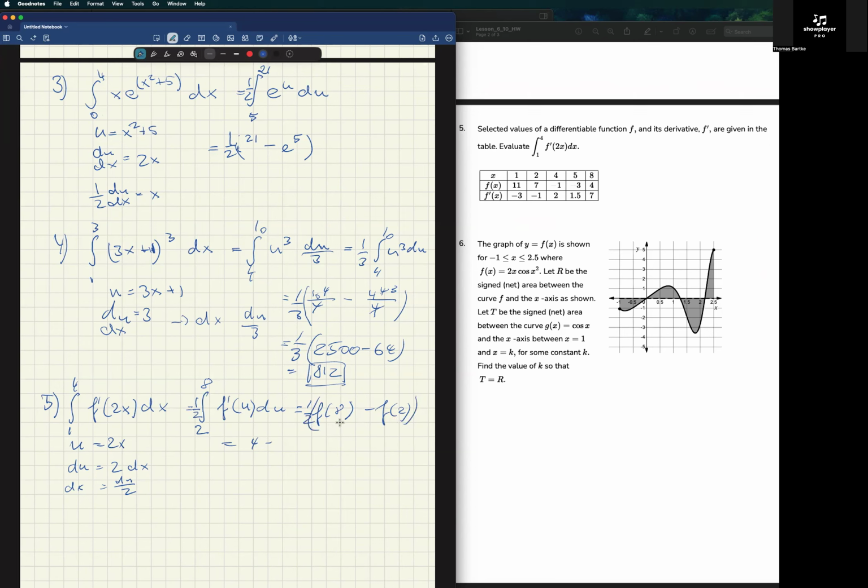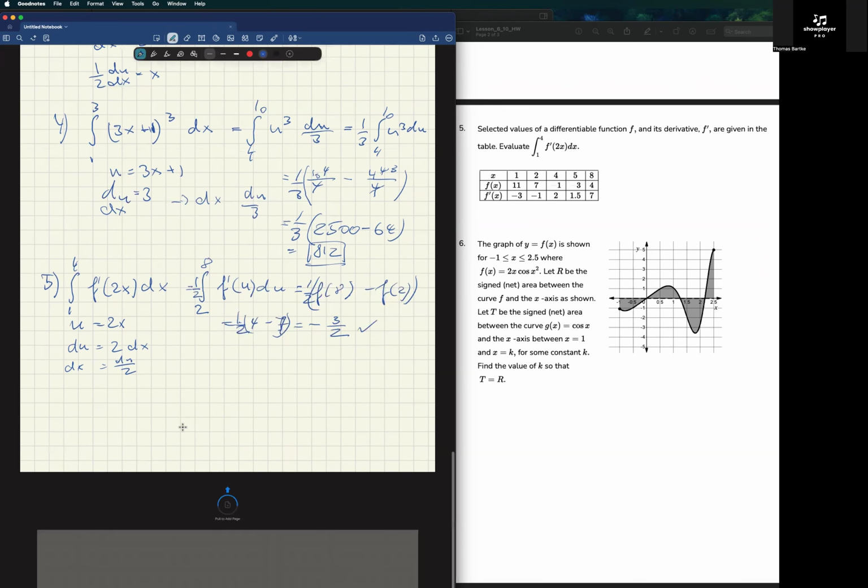So f of 8 is 4 and f of 2 is 7. So 4 minus 7 and the whole thing times 1/2. Sorry, this handwriting is not so good today. So it's negative 3 over 2, right? Yes, correct. Okay, very good.